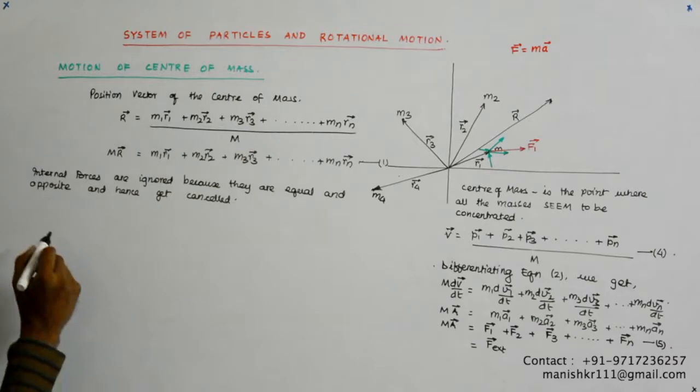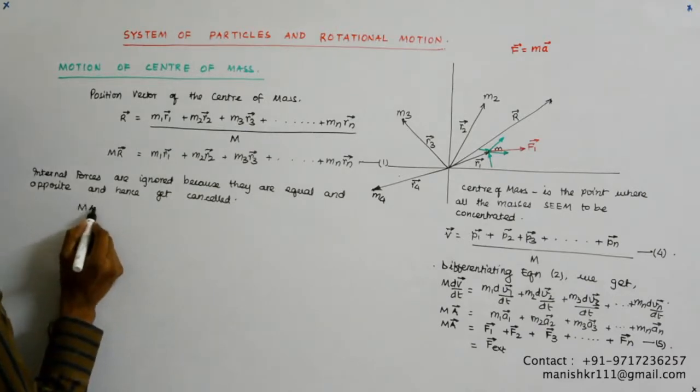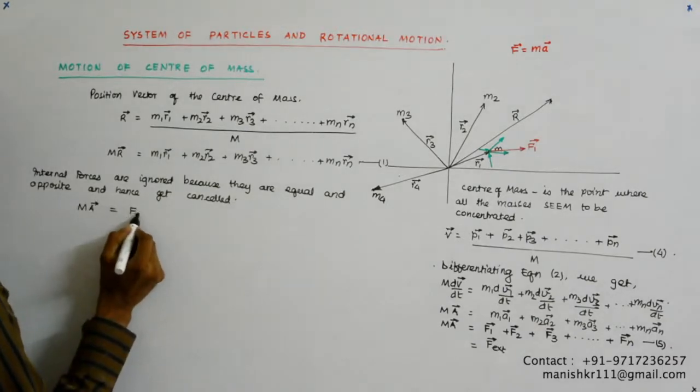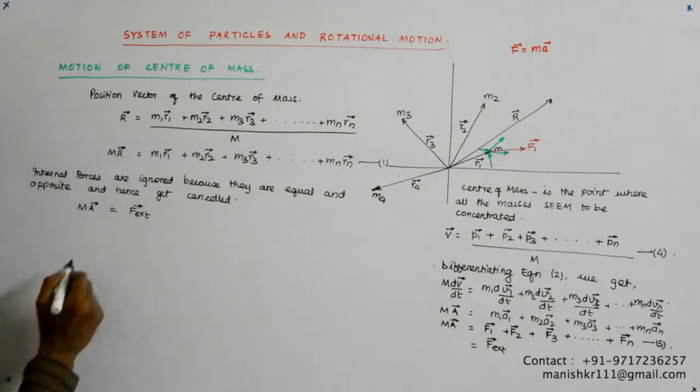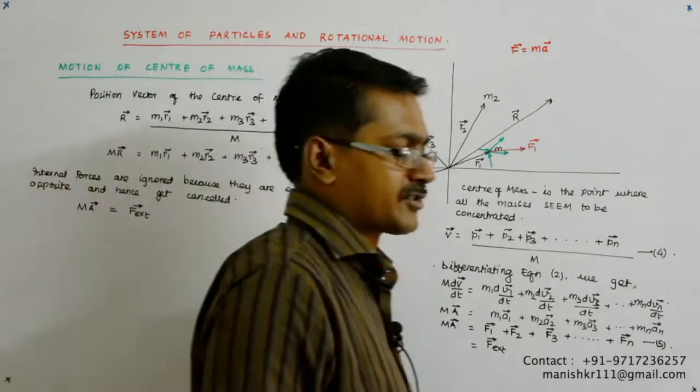So that's why I say that MA is equal to F external, the sum of all the external forces that are acting on the particles.